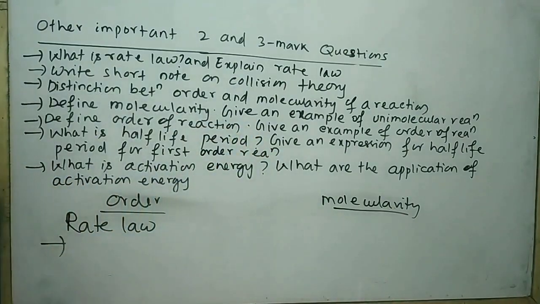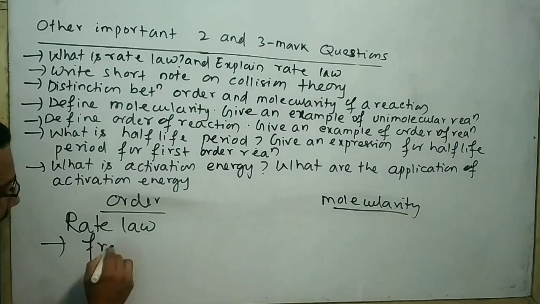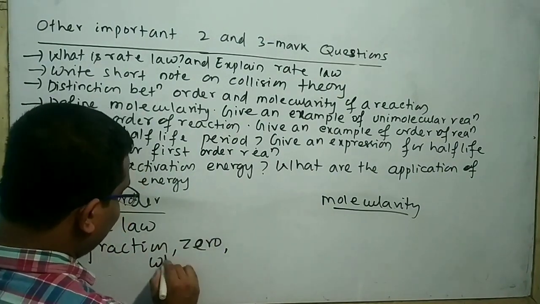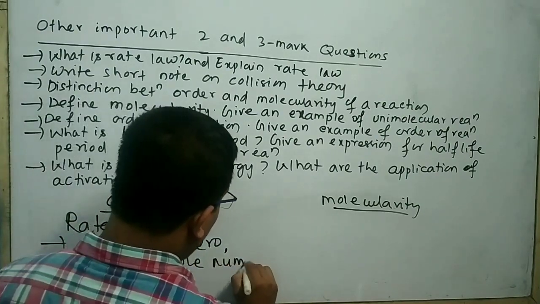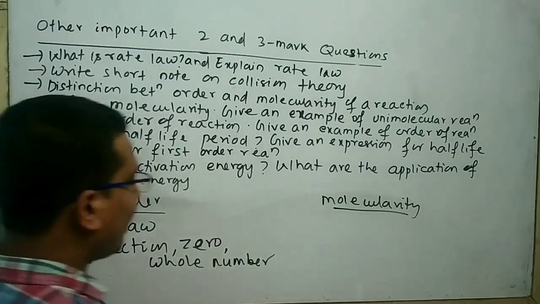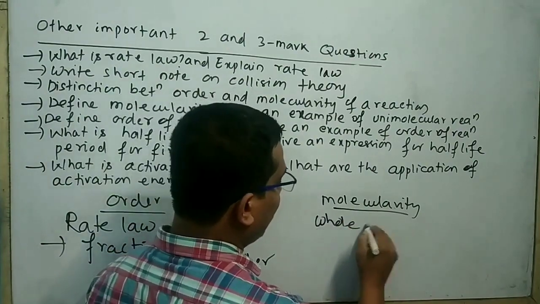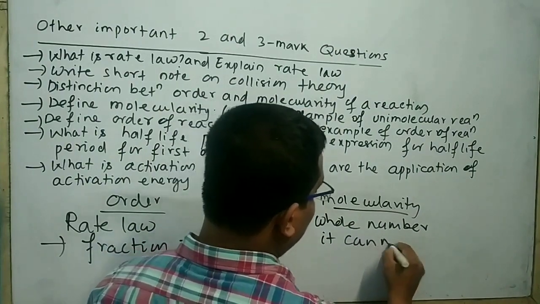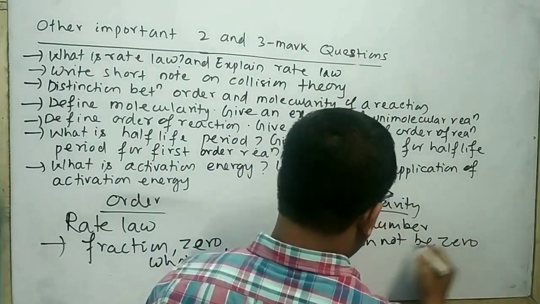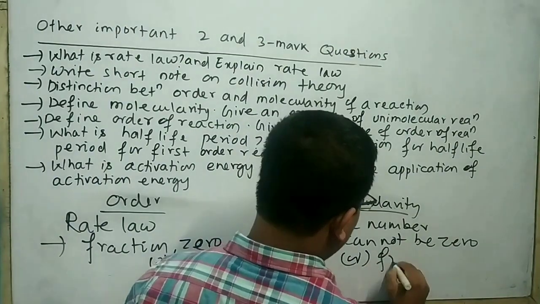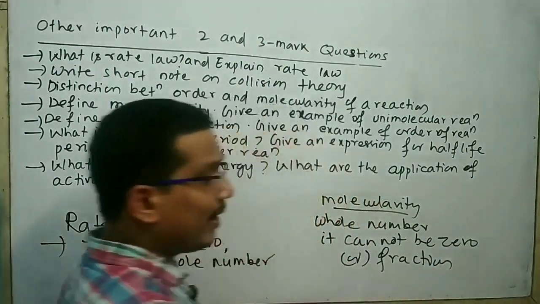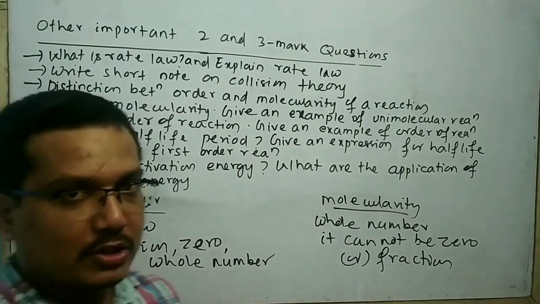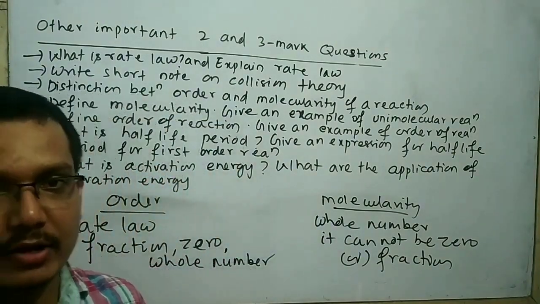Remember another point, order of reaction may be a fraction, may be zero, and it may also be a whole number. But remember, molecularity is always a whole number. It cannot be zero, and it cannot be a fraction, because when we think about a reaction, there must be some molecules or atoms or ions.